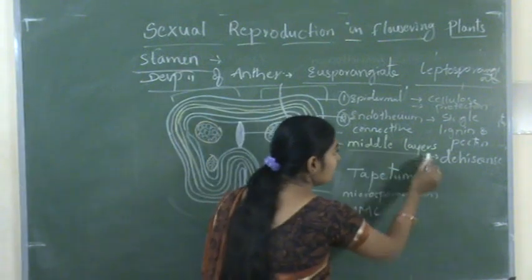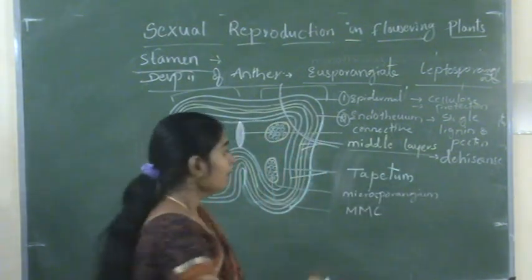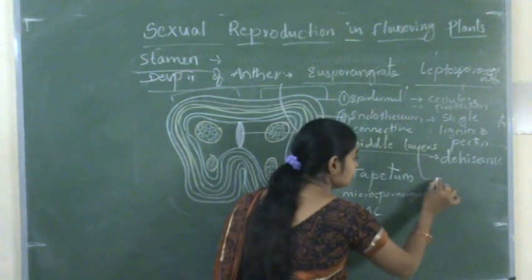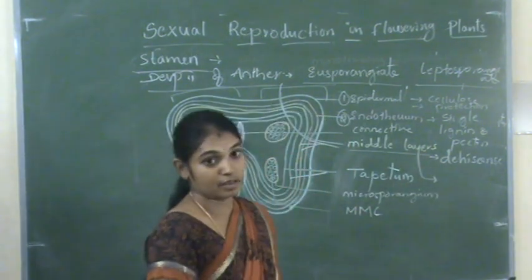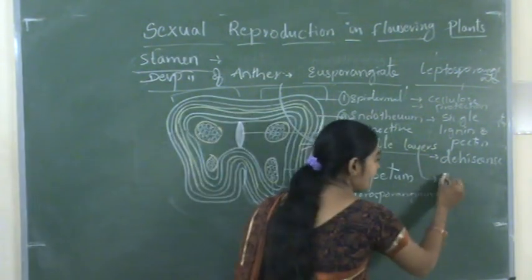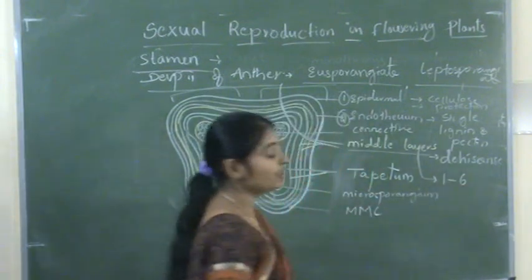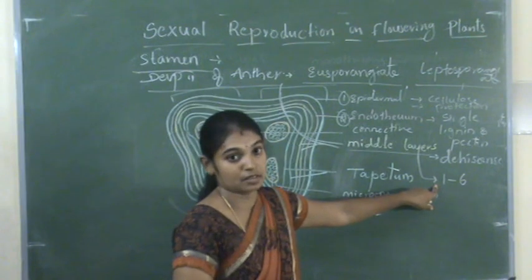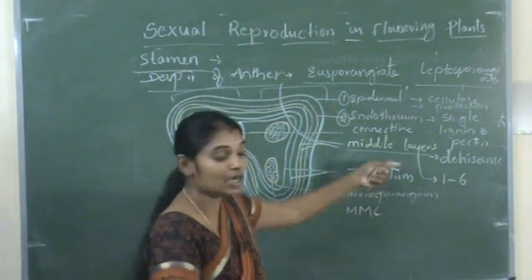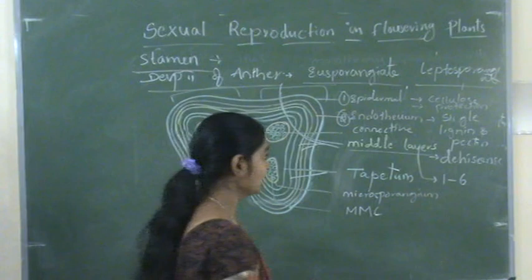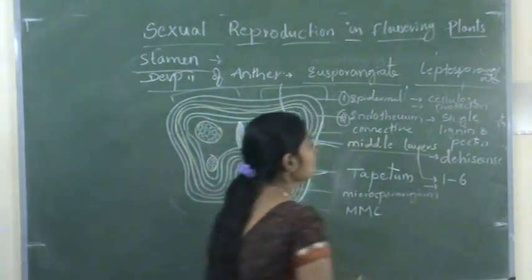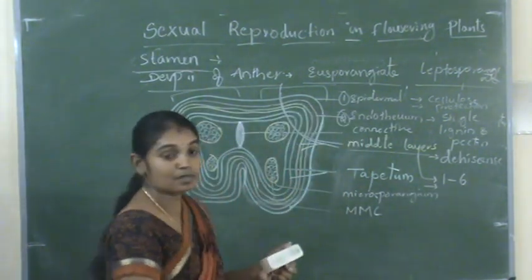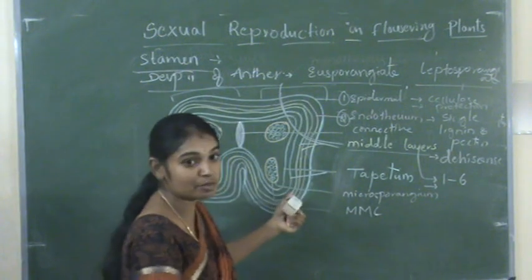And then the middle layers. There are a number of middle layers, which varies in different types of plants, that is, it may be 1 to 6. In some cases it is 1, in some cases it is 6, or in between. So what is the function of these middle layers?